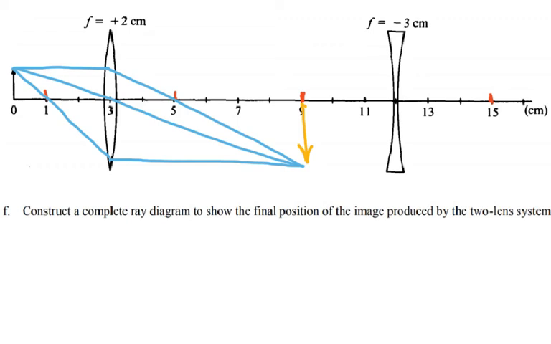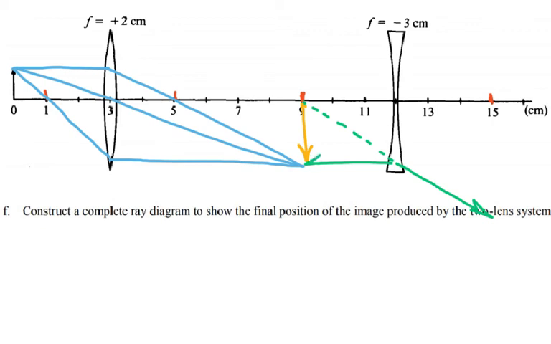So I'm going to do the parallel, and then I have to do through the focal point. So I'm going to use the focal point here as a reference to diverge my rays. And then the second one has to go through the center.